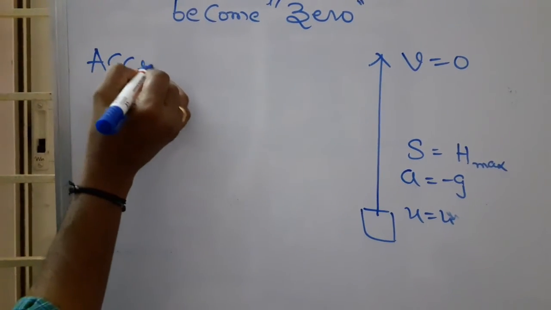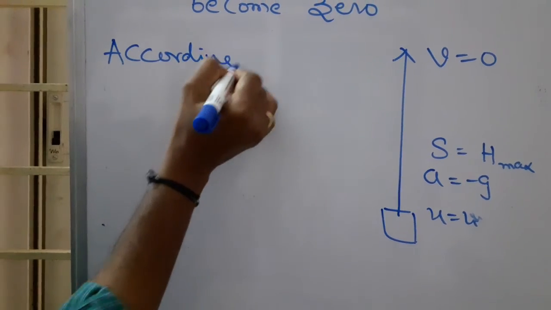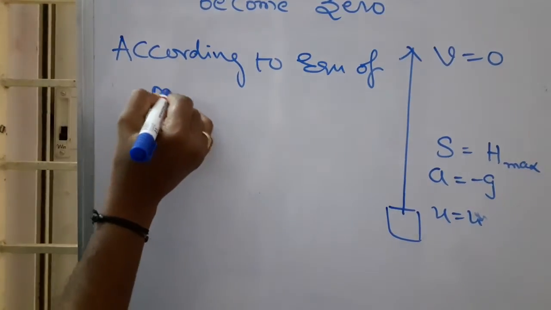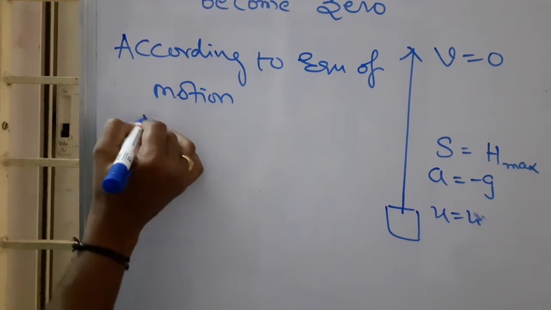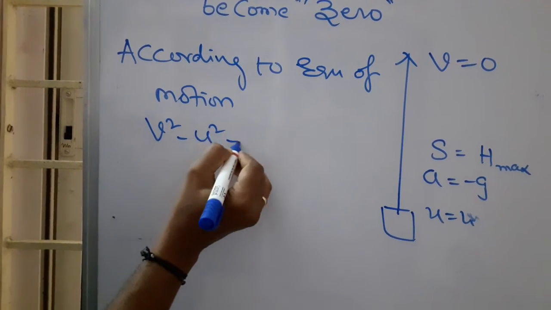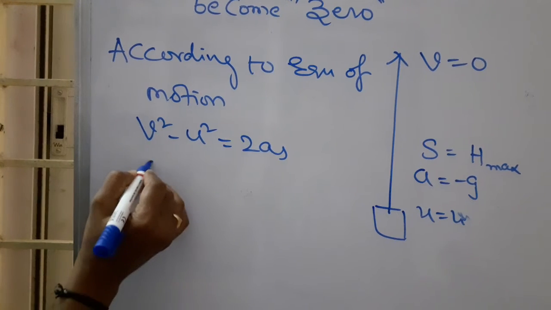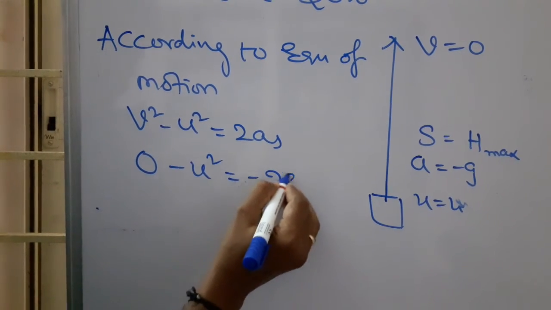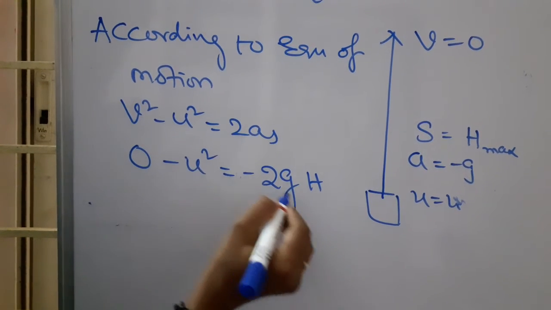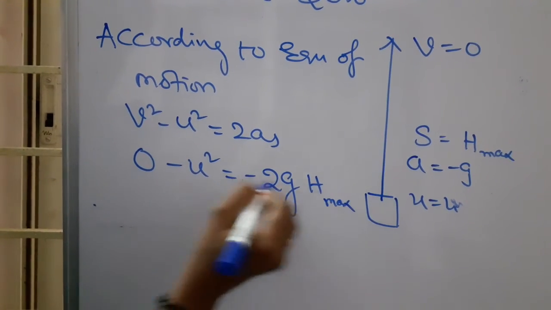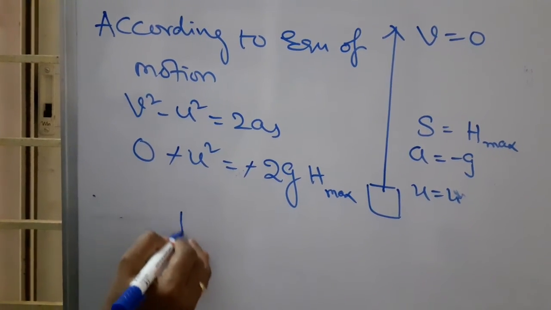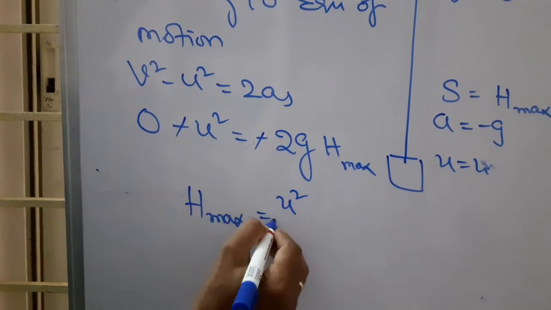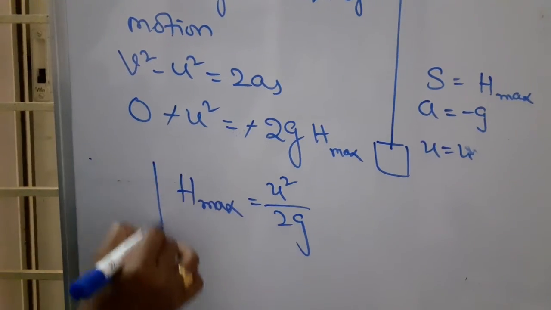So according to the equation of motion, v square minus u square is equal to 2as. Therefore 0 square minus u square is equal to minus 2g into h. Minus gets cancelled. Therefore maximum height reached by the projectile is u square by 2g.